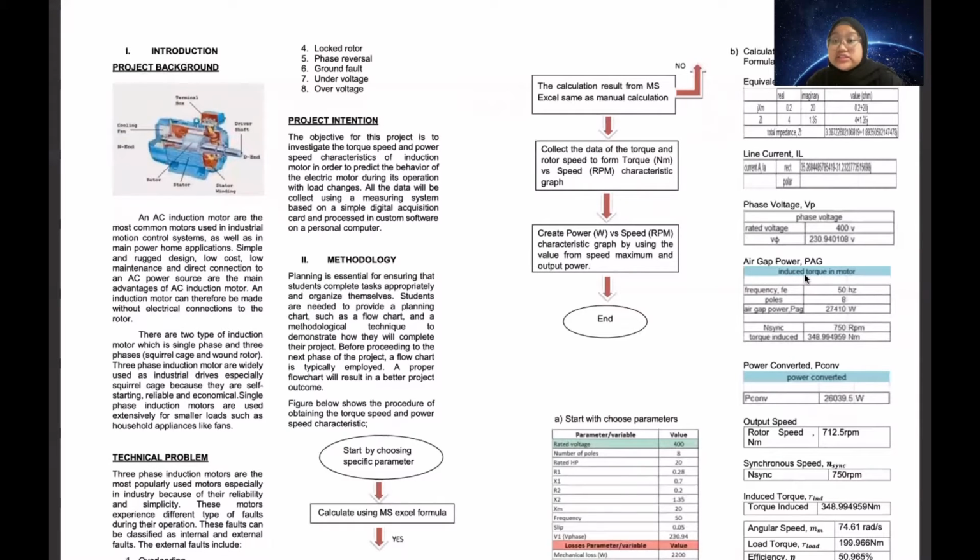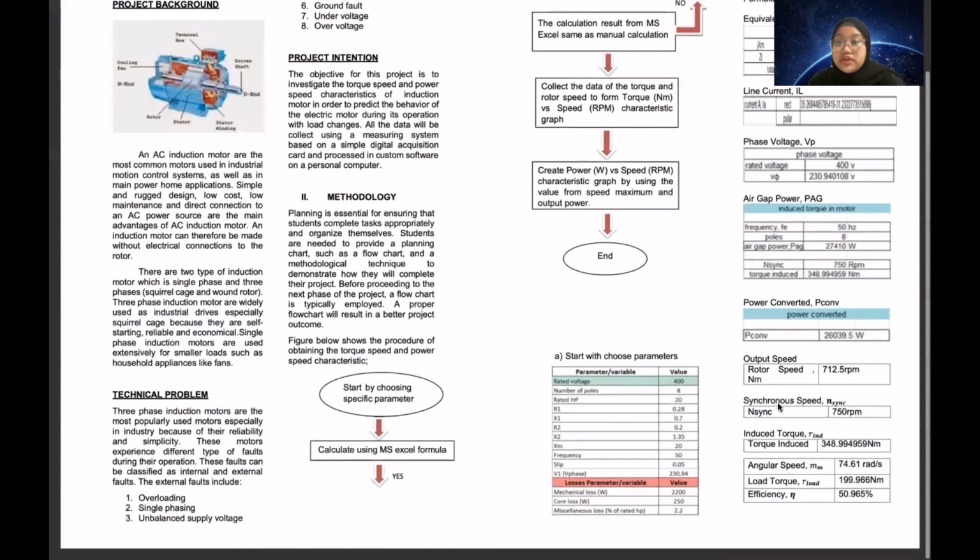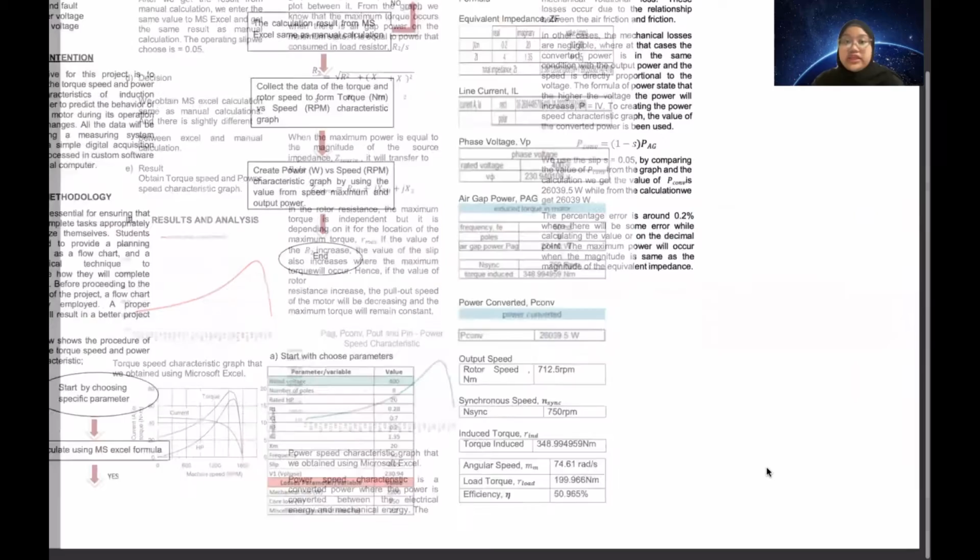In this induction motor, we already include all that in one table so that we get the correct value. The power converted, we already calculate here. The rated speed is 712.5 RPM. So this is the calculation.